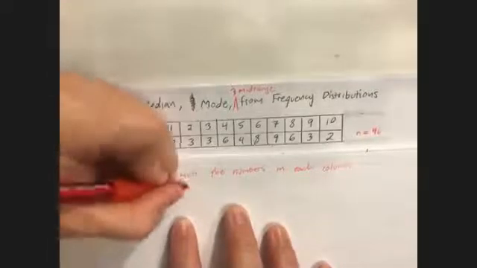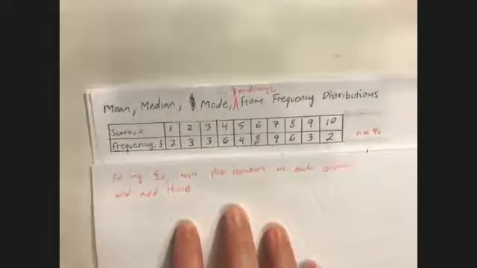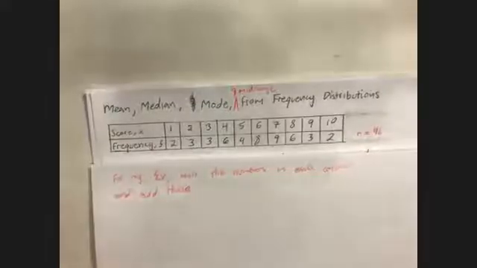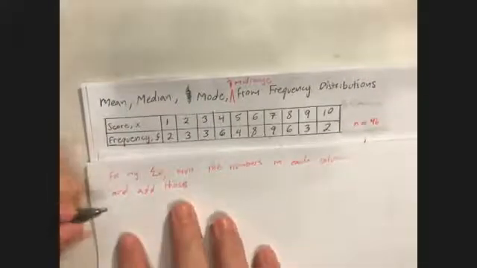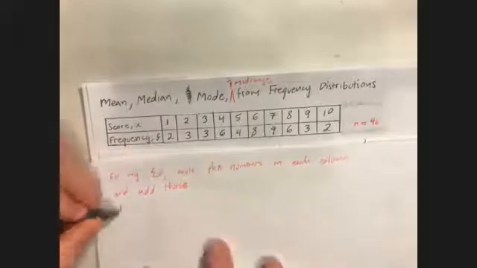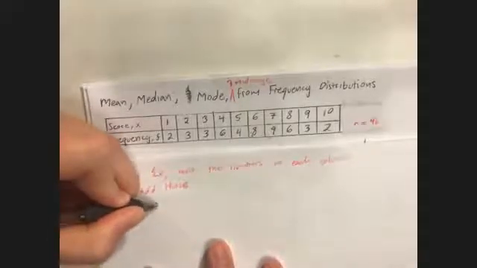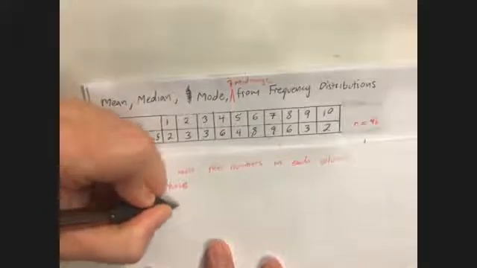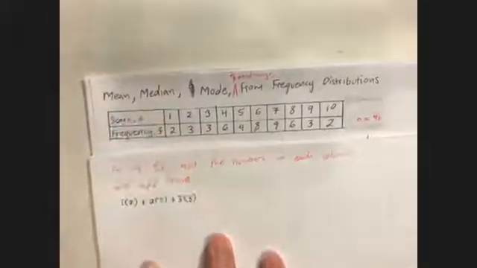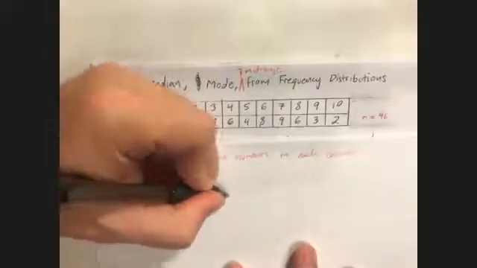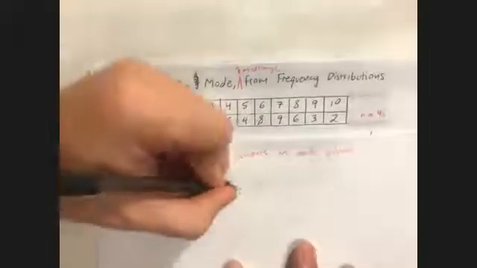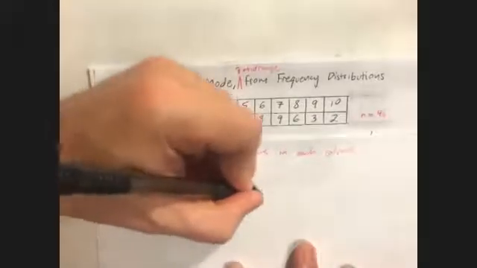It's still kind of long to do, but here's what I'm going to do. 1 times 2 plus 2 times 3 plus 3 times 3. You can probably see where I'm going with this. I'm just multiplying the stuff that's in a column, and then I'm going to add all of that up.